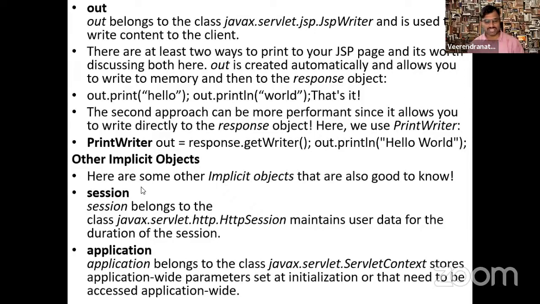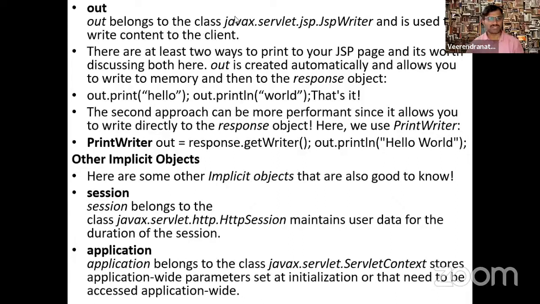Those session details are to be maintained, saved on the server, and we track the session by using this session object. And finally, application, which is helpful for application wide parameters. We track the total application wide parameters by using the application object.